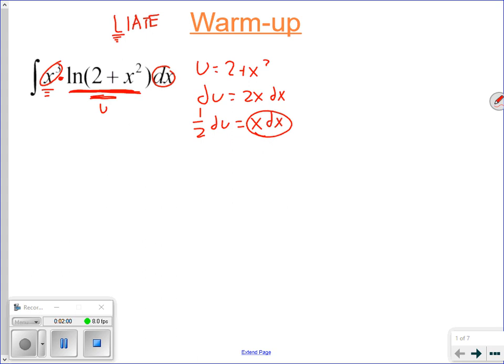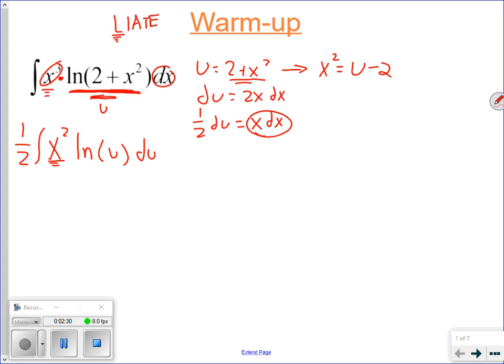So what I'm left with is 1/2, one of the x's substitutes out, so I've got x squared, and then the ln of u du. Remember, if I'm doing u substitution, everything needs to be in terms of u, so I can rewrite this x squared as u minus 2.